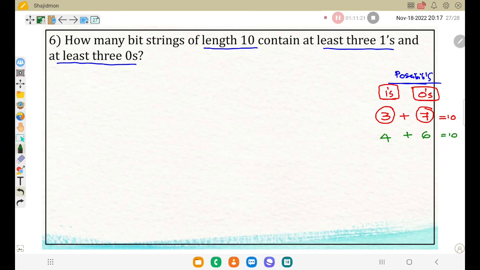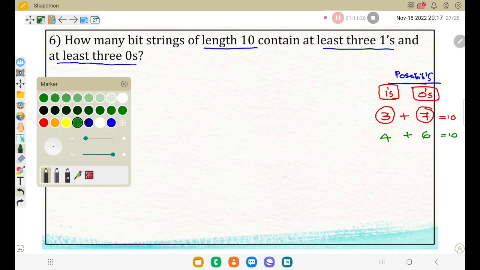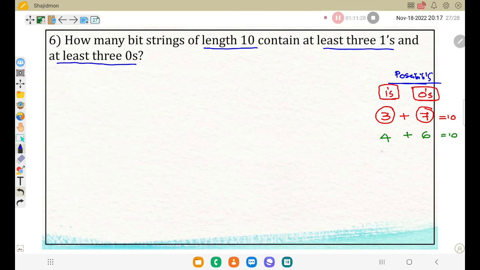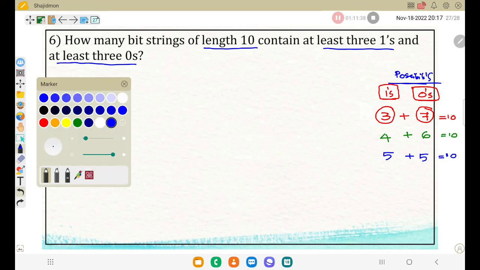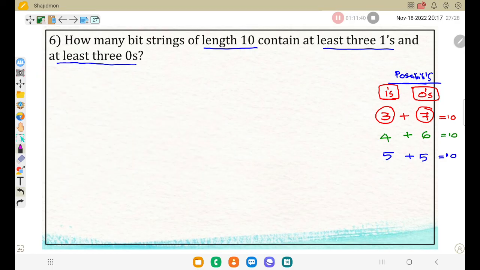Both sides, 3 is the minimum. Another option, we can select 5 ones plus 5 zeros, totally length 10. Next option, 6 ones plus 4 zeros, that also gives 10, correct.